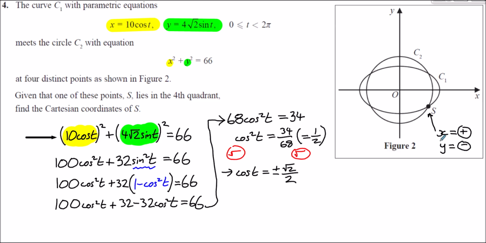So if x is positive, then we need this x value, obviously, to be positive only. So we can only have cos t being positive itself. So what we can say here is, we can just say it's plus root 2 over 2 only. Then we can make a note if we want to, positive, since 10 cos t must be positive.